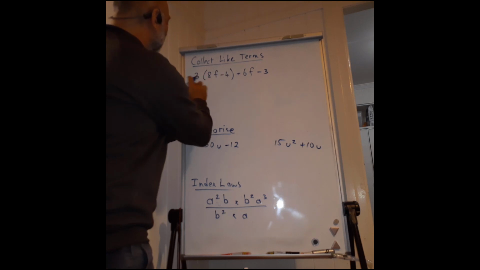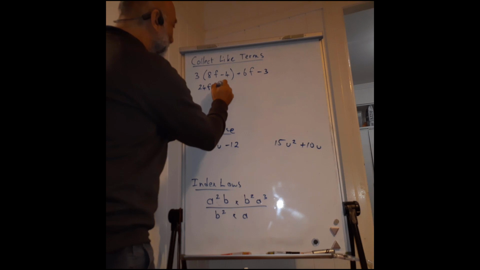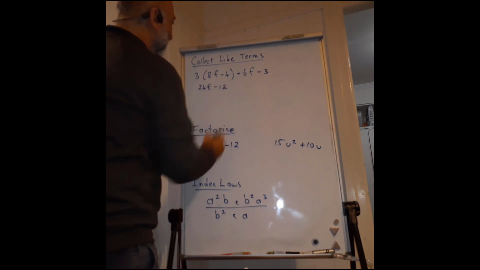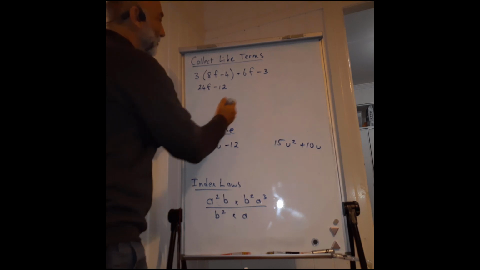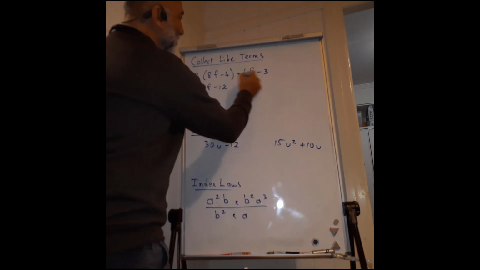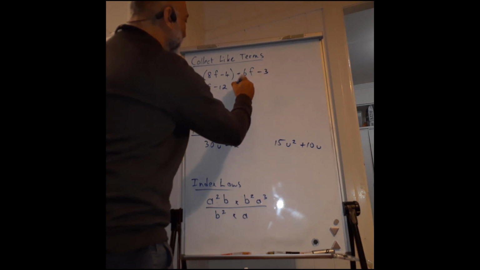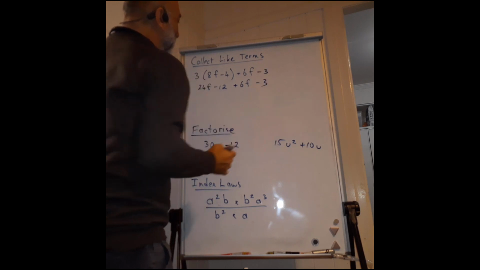So that'll be 3 times 8, which is 24f. Yeah, 3 times 4 is 12, but it's a minus 12. Okay, that takes care of all the brackets, so that's fine. And then just to make it easier for ourselves, let's not make any other changes for now, just copying those two terms down.